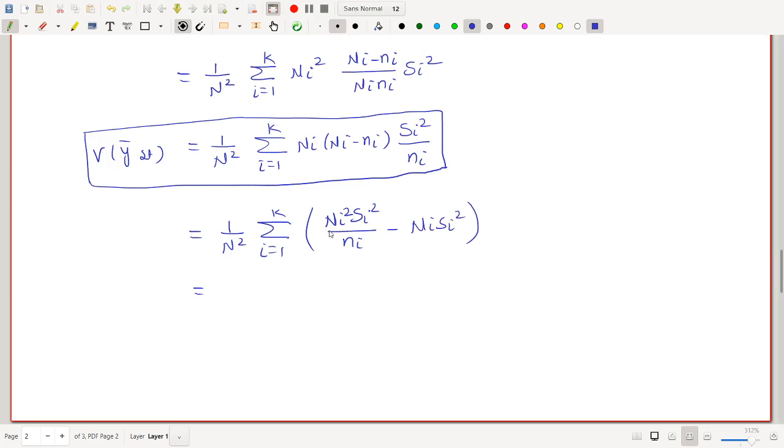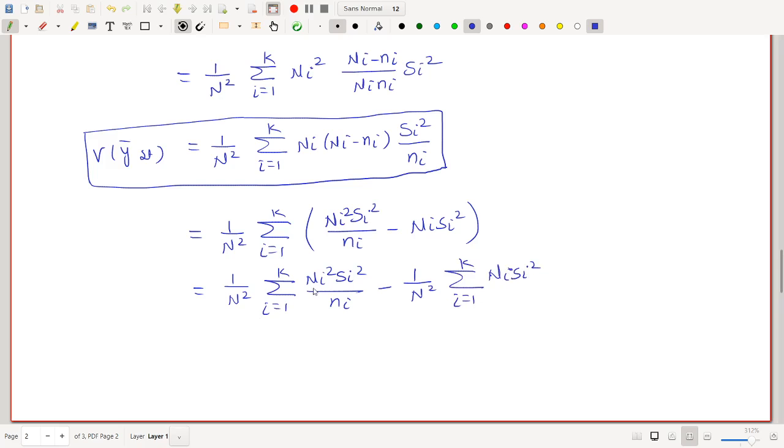So take this summation 1 upon N square and this summation here and here. So this will be 1 upon N square summation i running from 1 to k Ni square Si square upon ni, minus 1 upon N square summation i running from 1 to k Ni Si square.